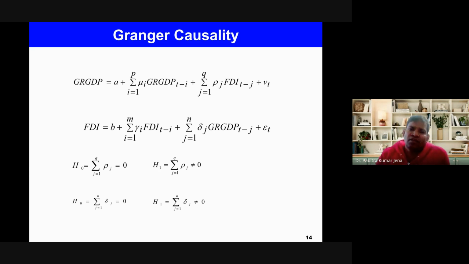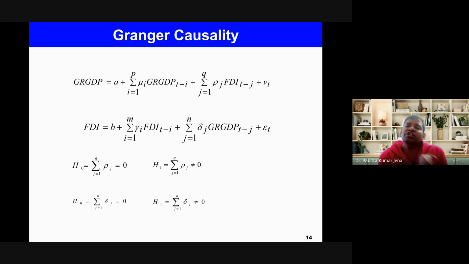It shows that from 1 to p, that is the coefficient. Also the coefficient of FDI. Likewise, we write FDI as a function of lag of FDI, the summation term i from 1 to n going up to m, and also the lag of the growth rate.